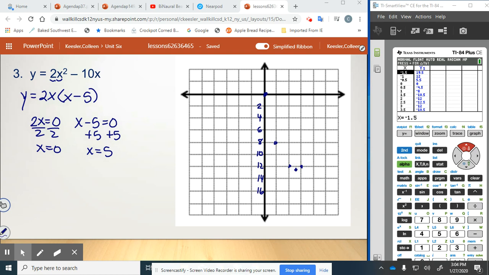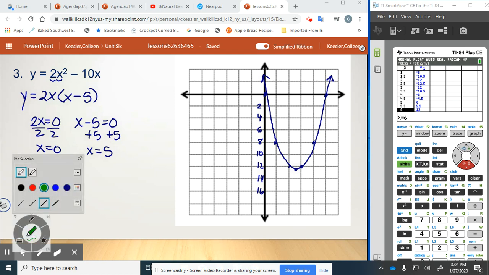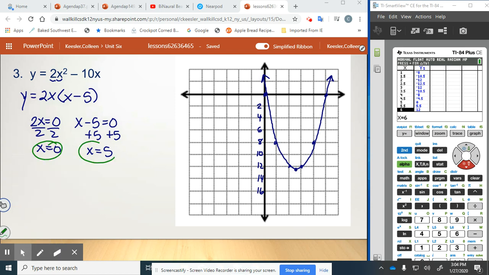Then we are going to go back up, 4 and -8. And then 5 back up to 0. So there we go. That's why we always do our work in pencil, so we can erase if we make a mistake. There's our parabola. Okay, and again, just like we found algebraically, our roots are 0 and 5 because they cross here and here.